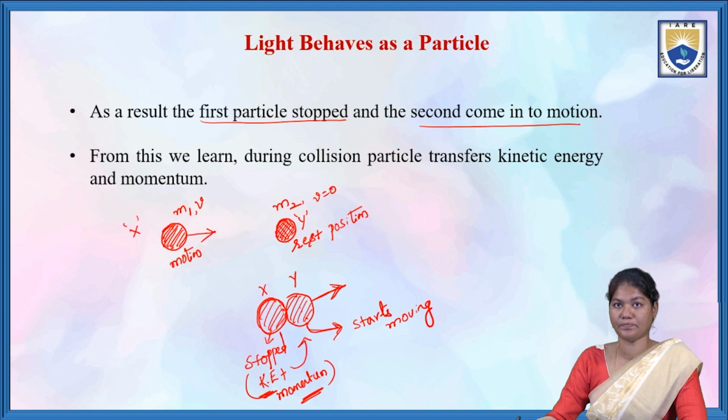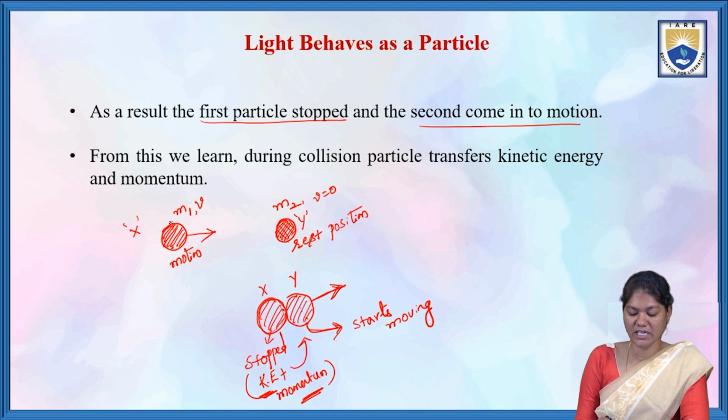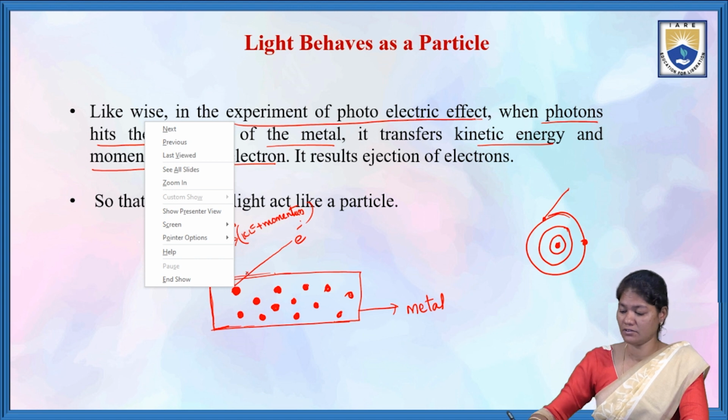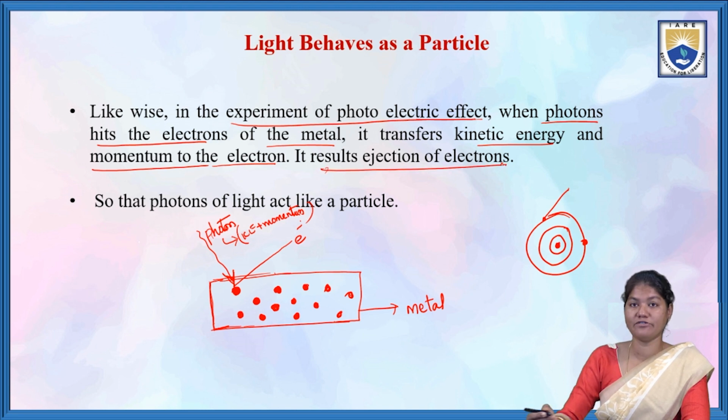Likewise, as we saw in the previous slide, particles transfer kinetic energy and momentum to other particles. So when a photon hits the electron, the electron gains the photon's kinetic energy and momentum, detaches from the atom and comes out. This results in the ejection of electrons.